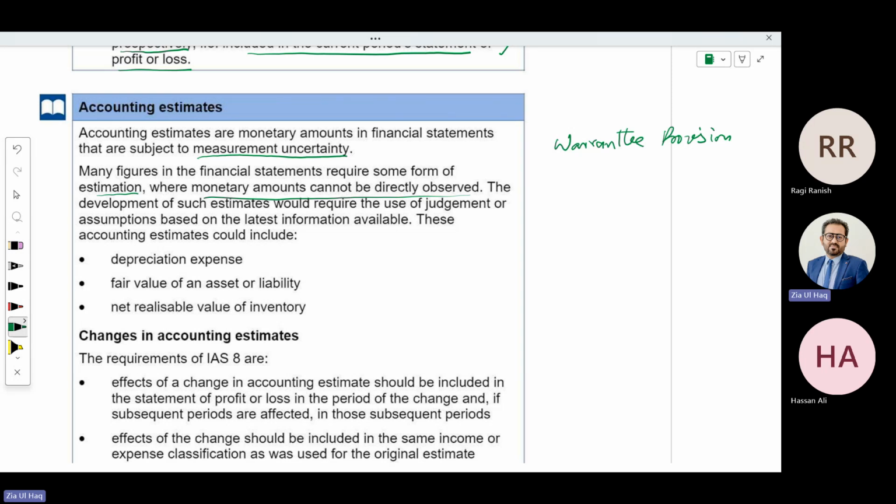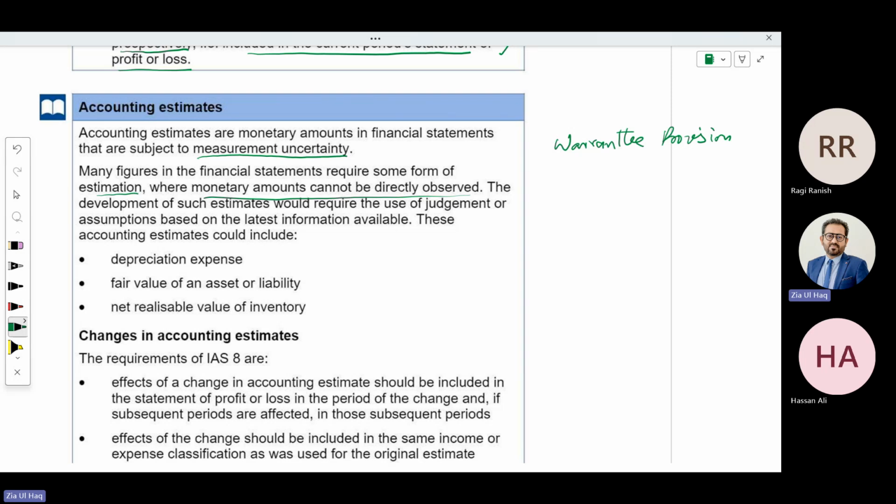You cannot calculate the exact amount. In the previous year, we received warranty claims of, say, 70,000. But will previous year sales and current year sales be the same? No. If sales remain the same, okay, a 70,000 provision is fine. If there is an increase or decrease in sales compared to the previous year, you need to change this warranty provision.